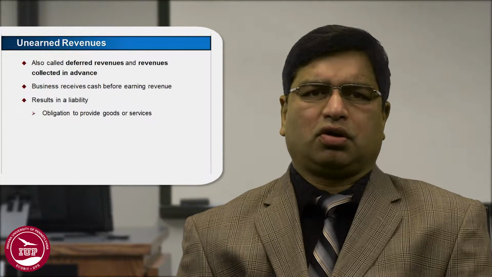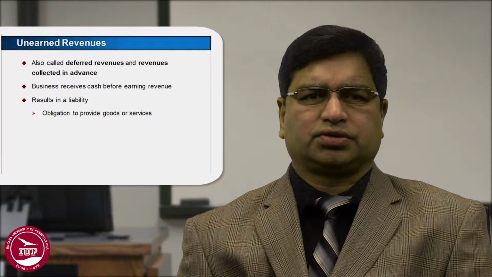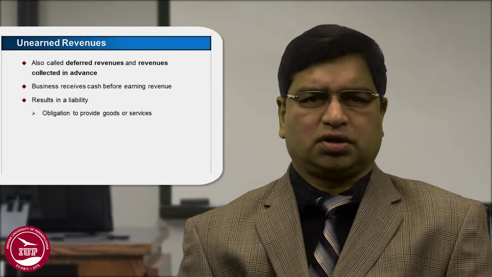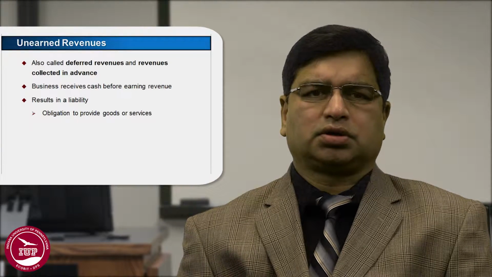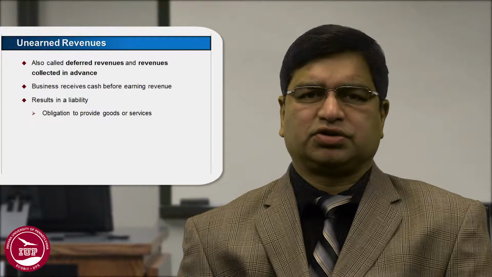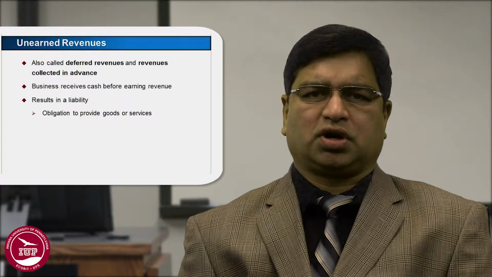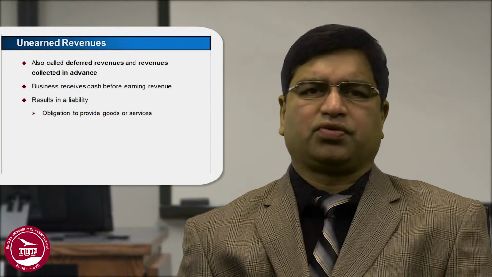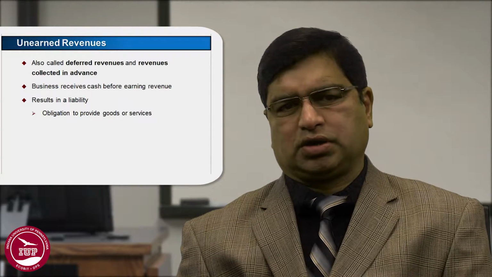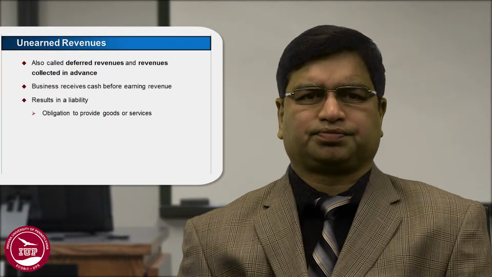Another category of current liabilities is called deferred revenues or unearned revenues. Why are they called unearned revenues? Because the business has received the money for it but has not performed its own part of service or has not delivered the product, and therefore it results in an obligation on behalf of the company to deliver those services in the future.